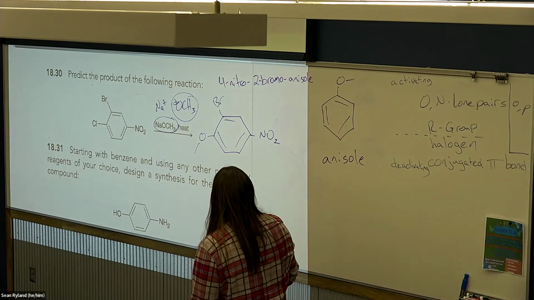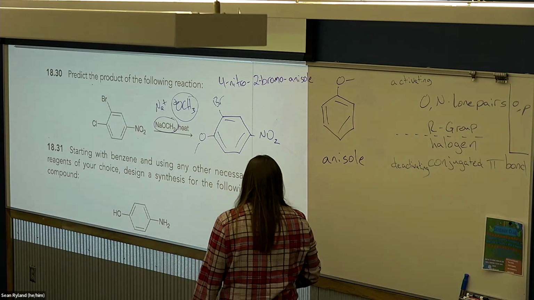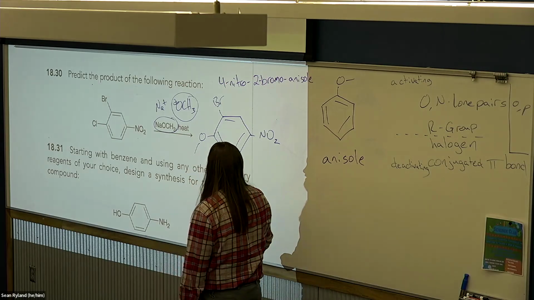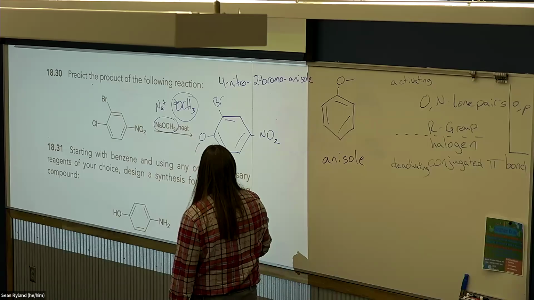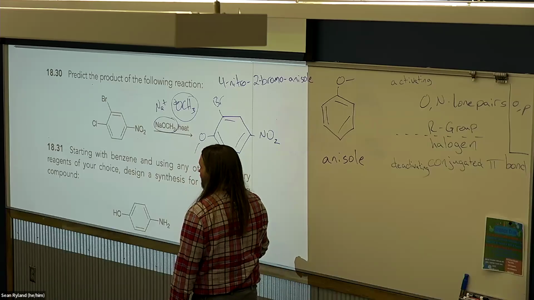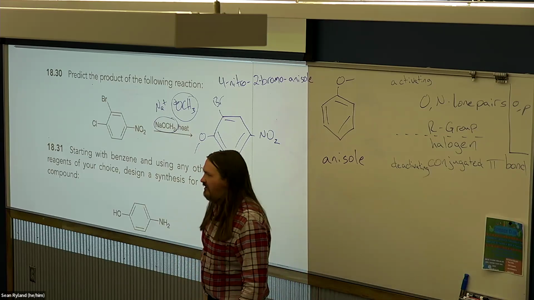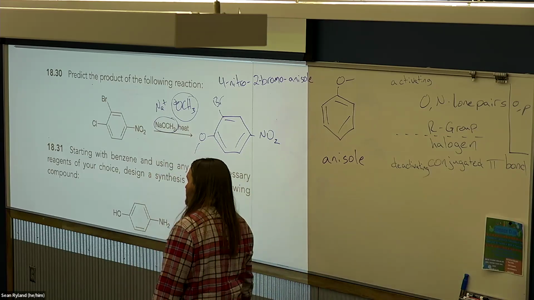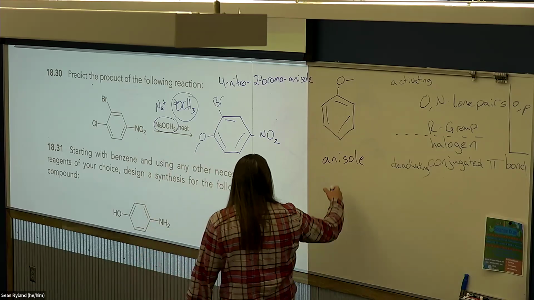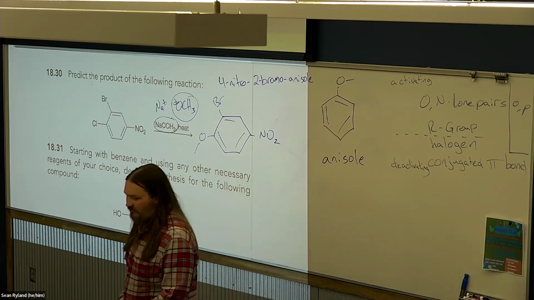If you wanted to name it as methoxybenzene, then you have to say 1-methoxy-2-bromo-4-nitrobenzene. Would also get you to the same thing and also be an unambiguous way of naming it. It's just more syllables. So when you can remember the common names, it's a good shortcut.